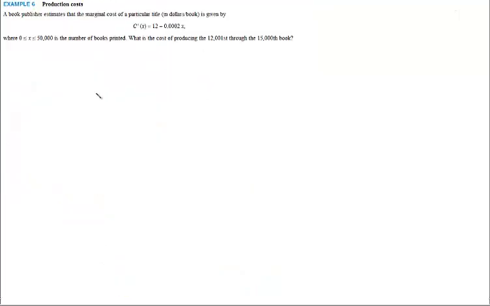This next example is a cost example. So we're looking at the cost from producing the 12,000th book to the 15,000th book.